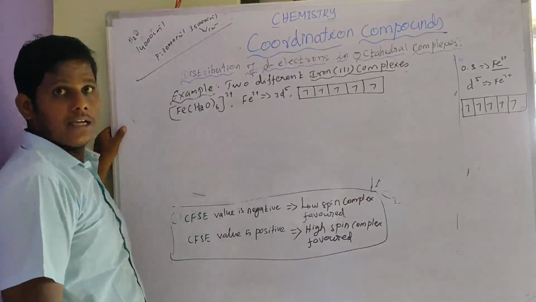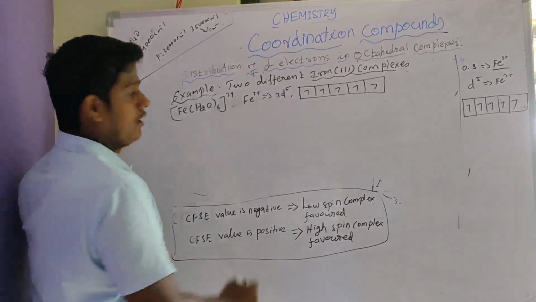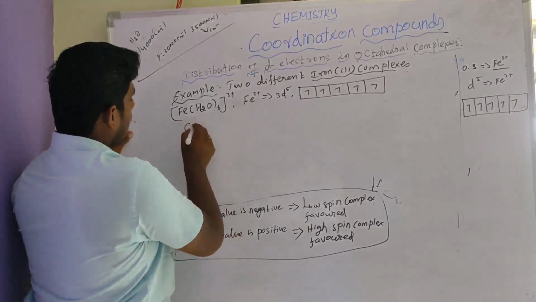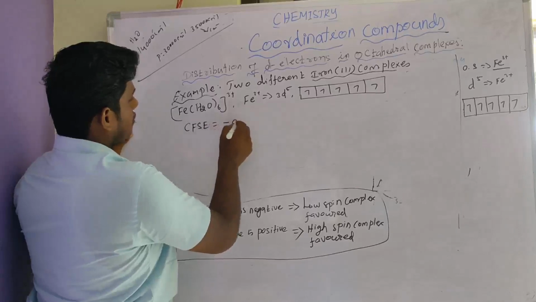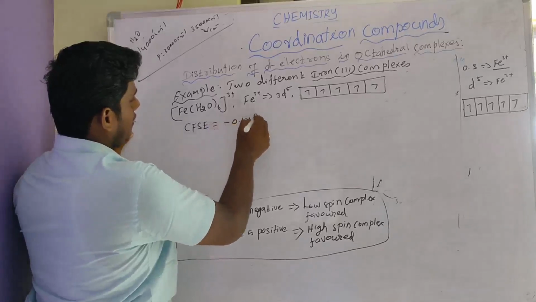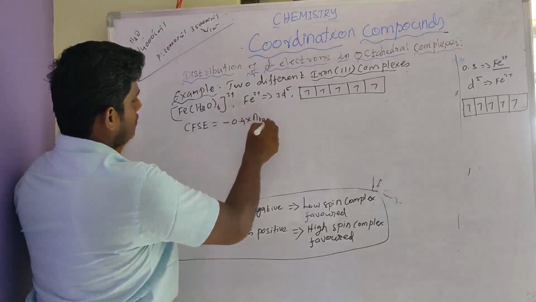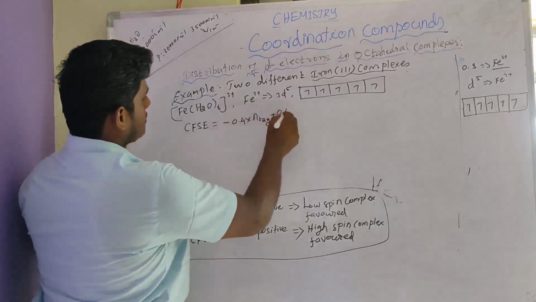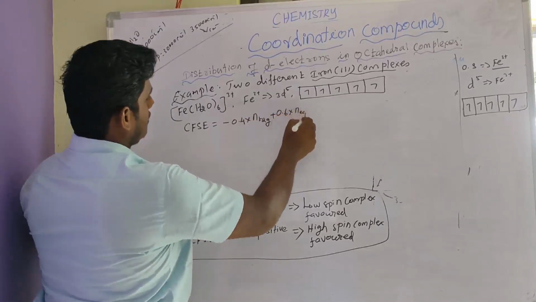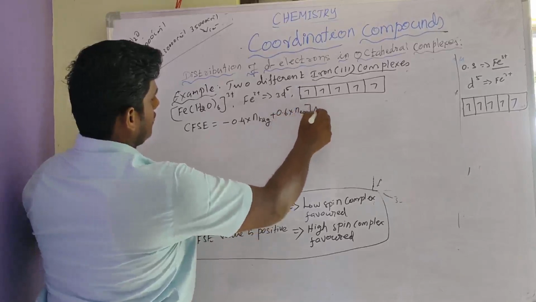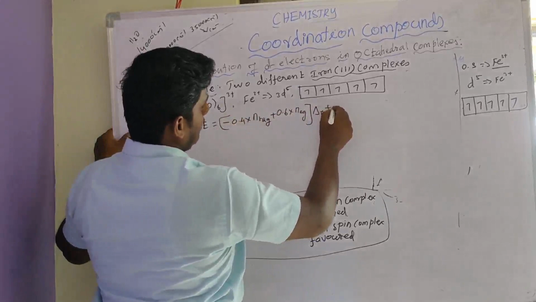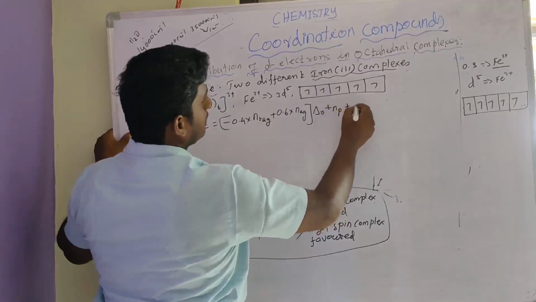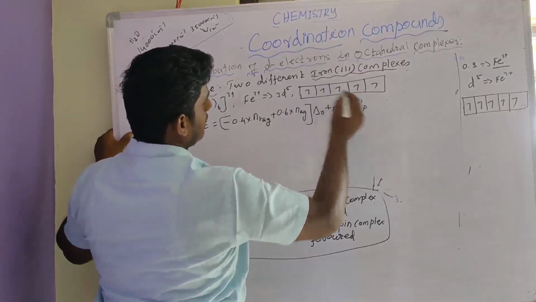Now we know the formula for calculating crystal field stabilization energy: CFSE equals minus 0.4 times n(t2g) plus 0.6 times n(eg), also delta naught, plus nP pairing energy plus n'P pairing energy.